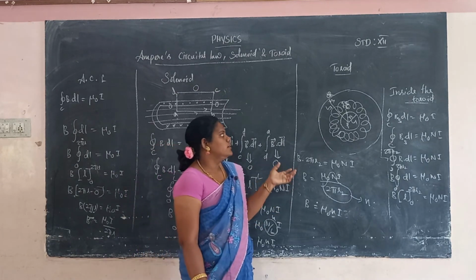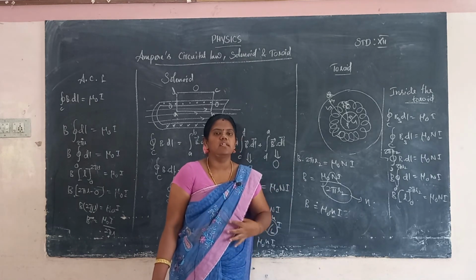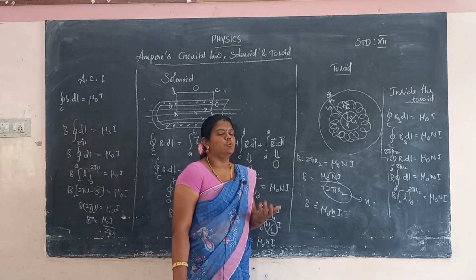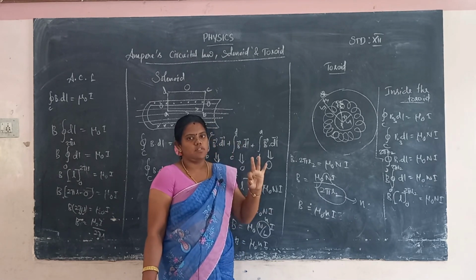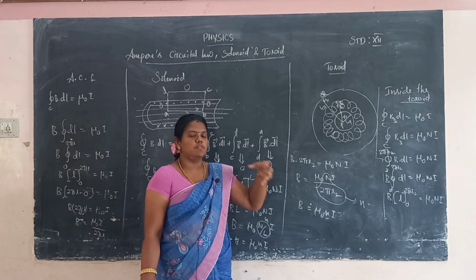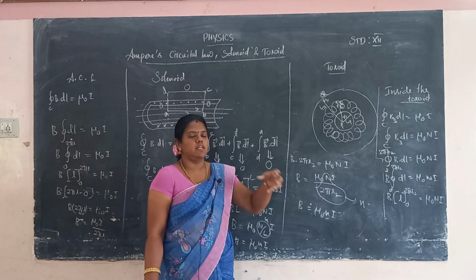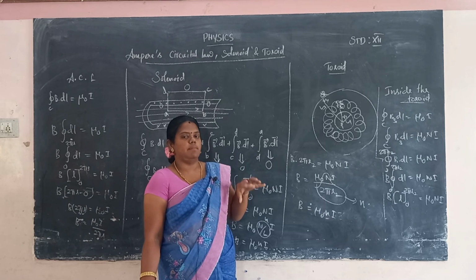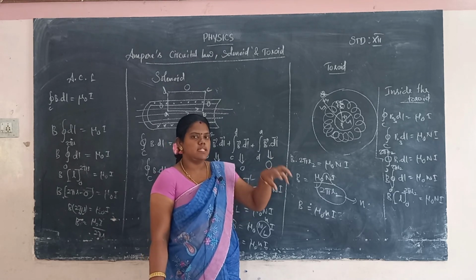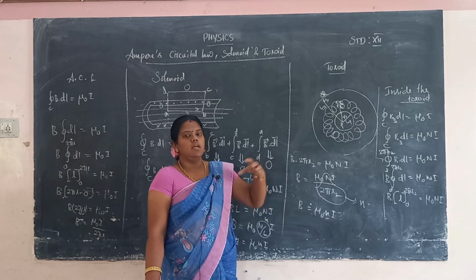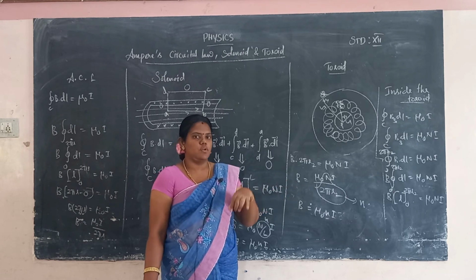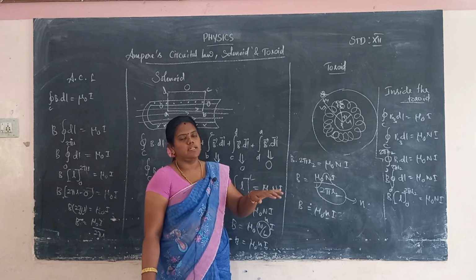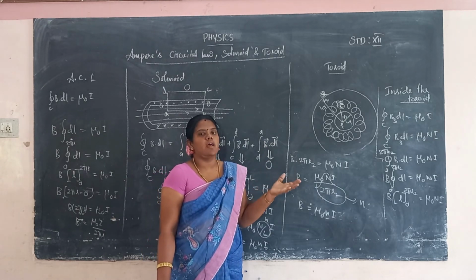So, for the toroid we consider the magnetic field created by the toroid. We have to consider three regions. Interior empty space, exterior empty space, and inside of the toroid. The exterior space region and the interior space region have no current.